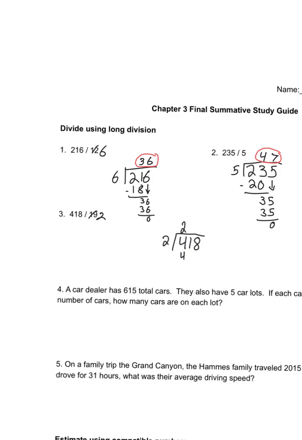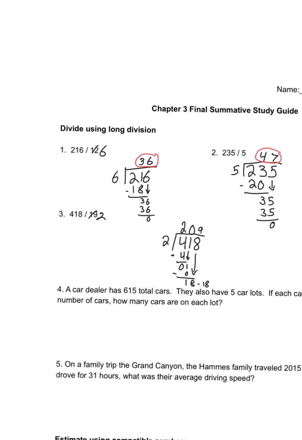And then 0, bring down the 1. 2 cannot go into 1, so it goes in 0 times. So then you got 0 and a 1. Bring down an 8 for 18. And 2 goes into 18 9 times for a total of 18.